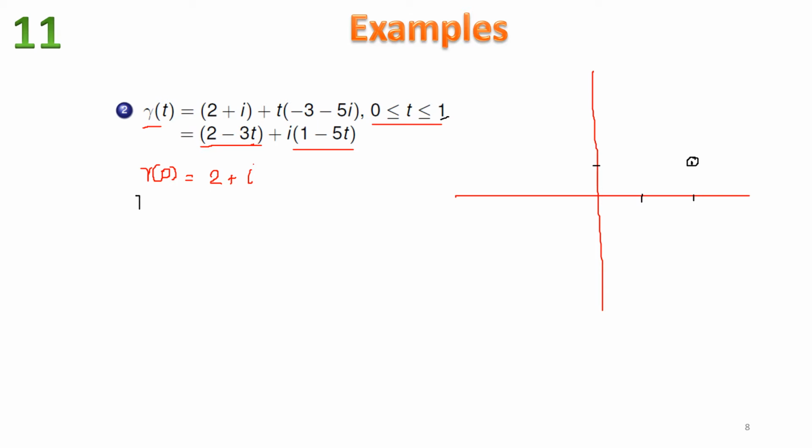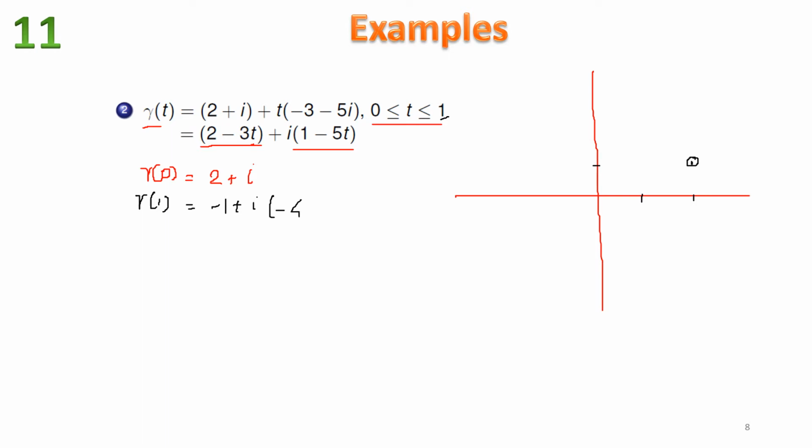So gamma of 1. So here again we have to replace t by 1. So 2 minus 3 will be minus 1 and plus i times we have 1 minus 5, that is minus 4.